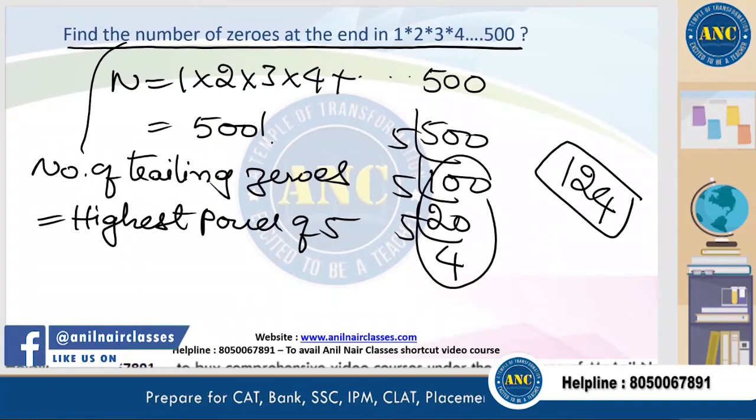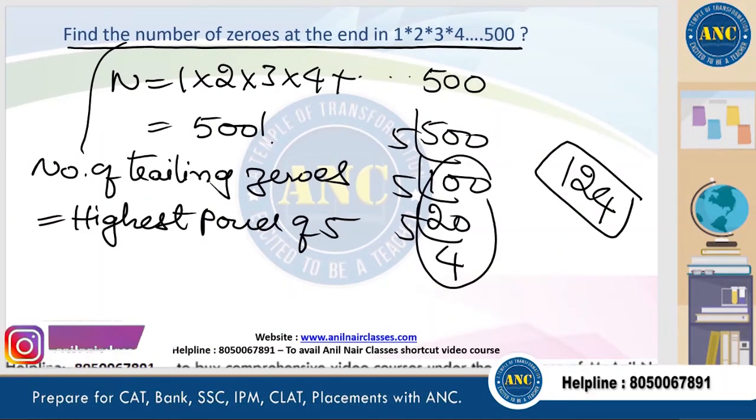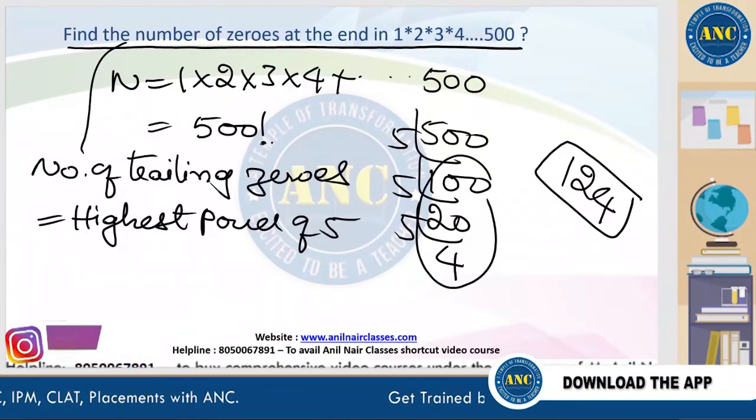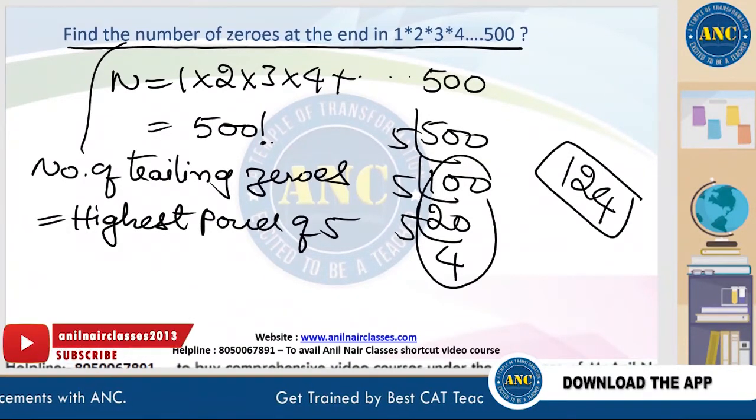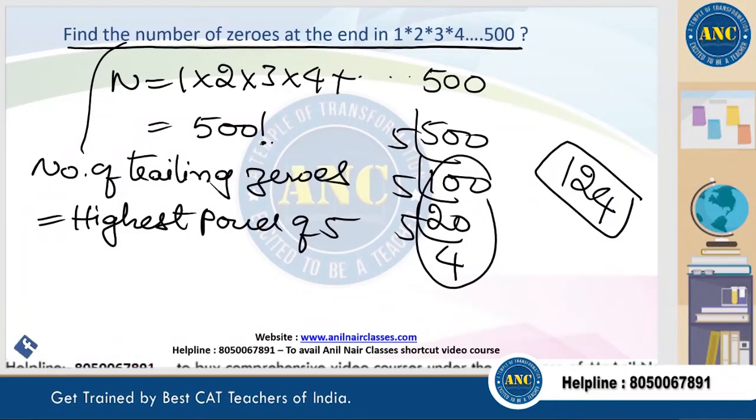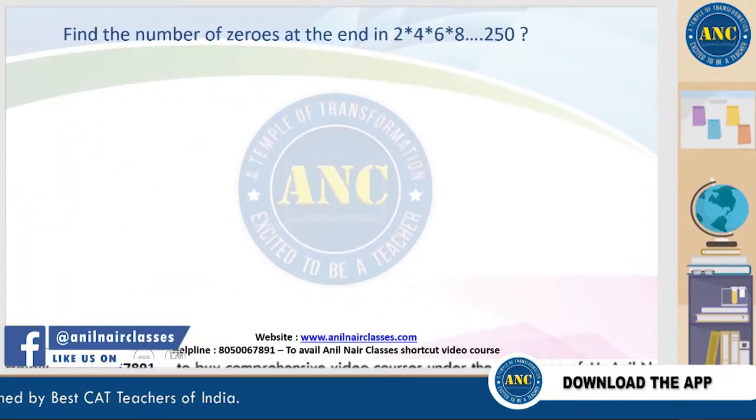Idea clear, right? 1 into 2 into 3 into 4 till 500, which is 500 factorial. 500 divided by 5. 124. Very easy question.